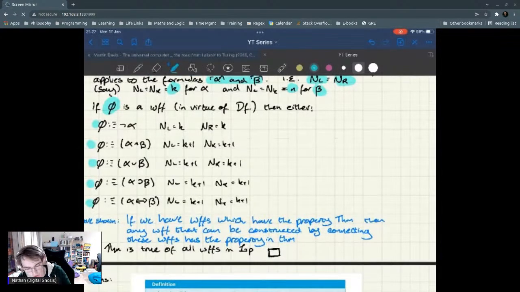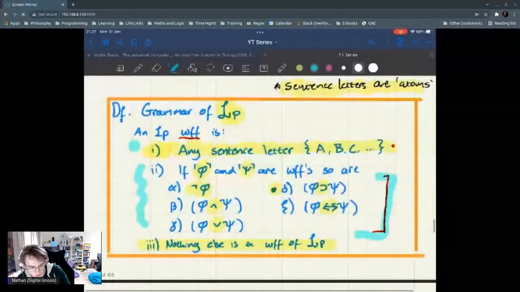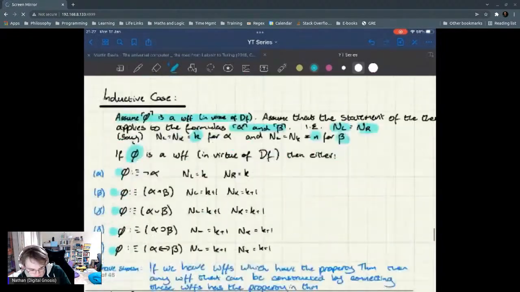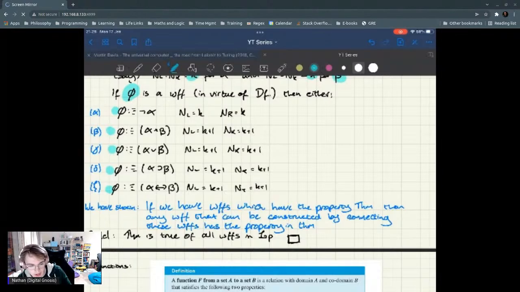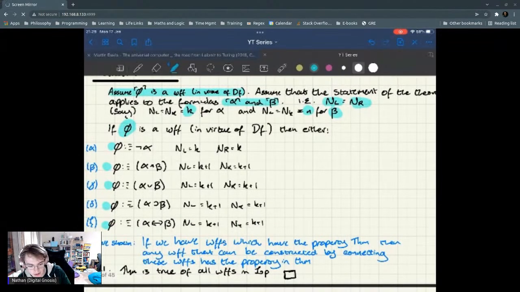These cases exhaust what could be a legitimate construction in our grammar, by what's defined in the second clause of our definition of a well-formed formula. Okay, so we're going to have to look at each individual case and show that for each case, the conditional we're trying to prove, that it has an equal number of left and right brackets, holds.